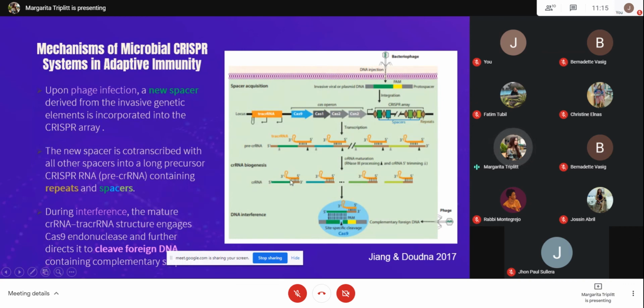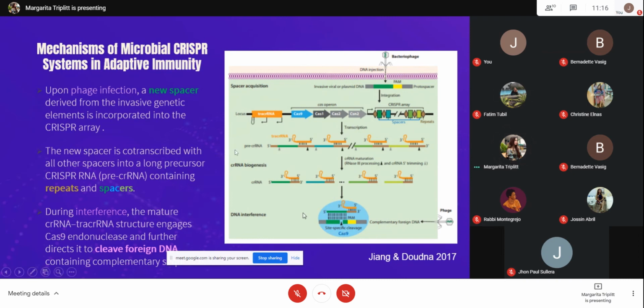This complex is now called guide RNA, which has the ability to bind with a specific sequence when a similar virus or phage comes to infect the bacterium or archaeum again.